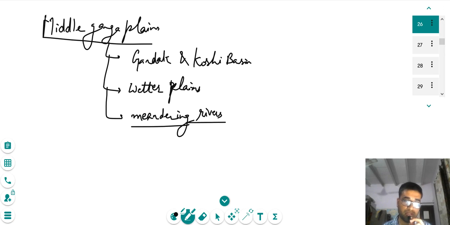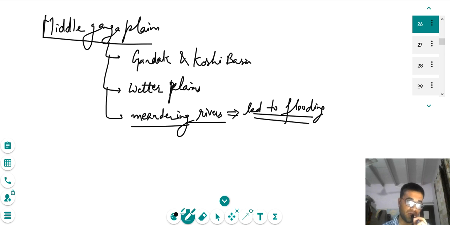And these meandering rivers led to flooding in this region, right? So this meandering of the rivers is the main reason for flooding in this region. And the meandering of the rivers is sometimes so strong that the banks are cut and a separate lake is formed.